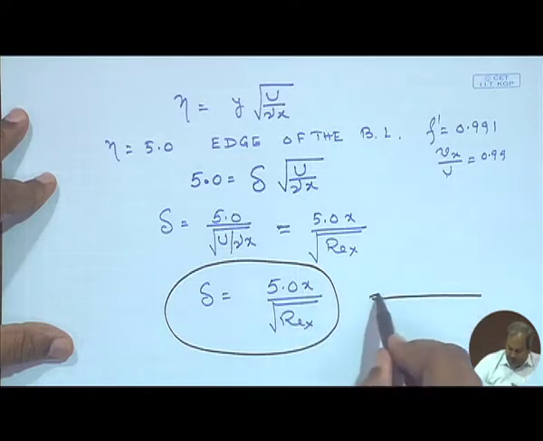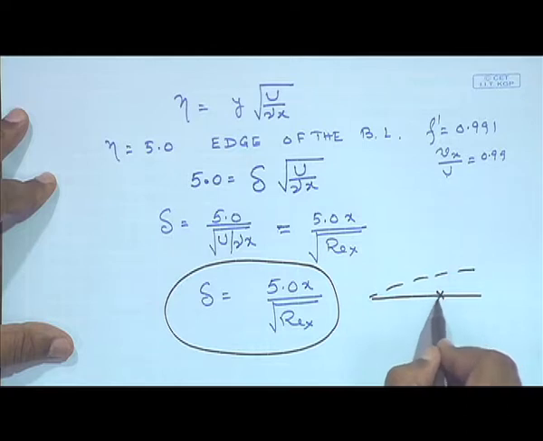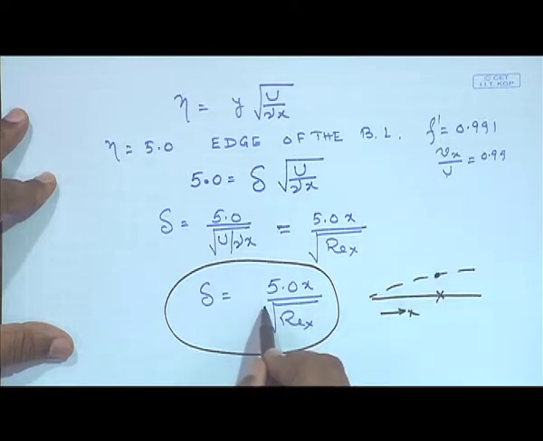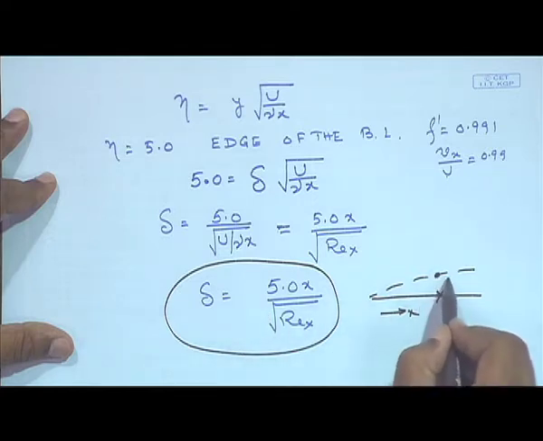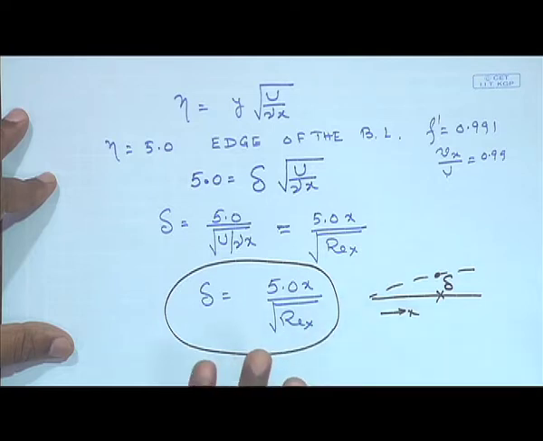So, if you have the growth of the boundary layer, if you fix the axial position which is x, you know exactly from this closed form equation what is going to be the delta at that point. So, we have achieved one of our goals, that is to obtain the thickness of the boundary layer at any given axial position.